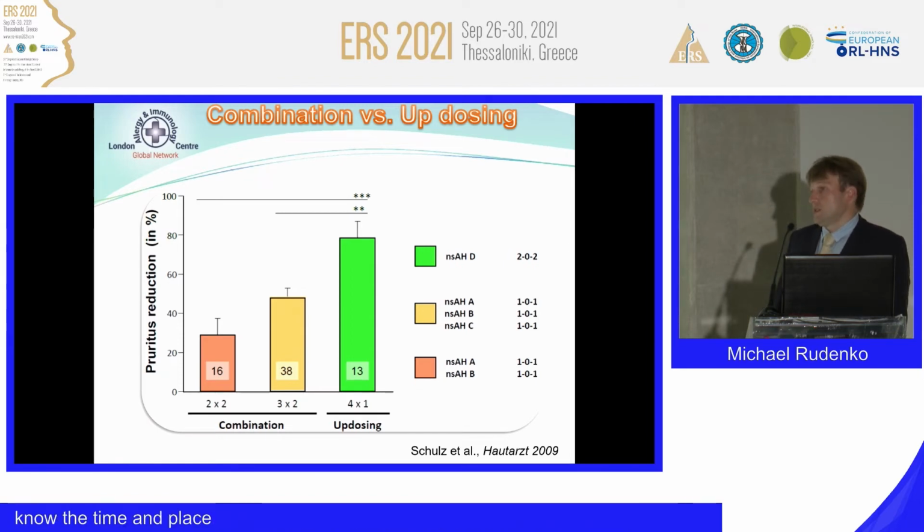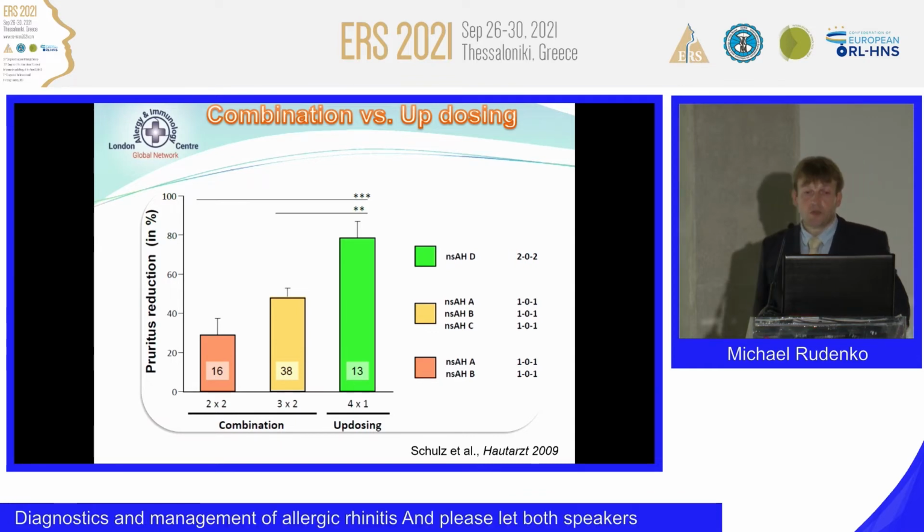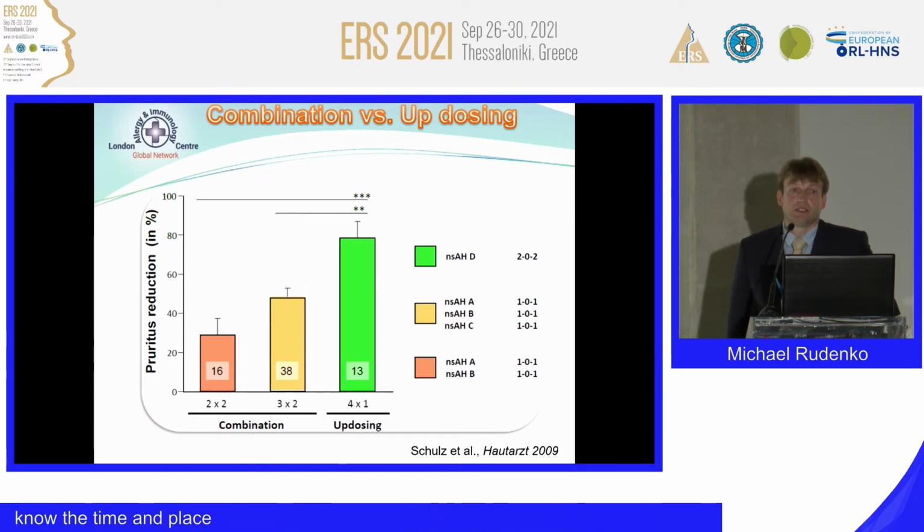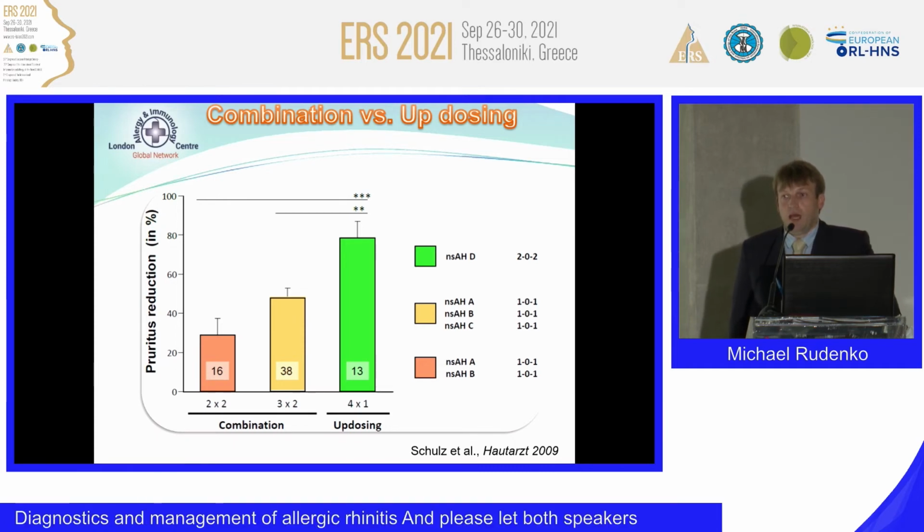The next question is also very important. It's regarding the use of combinations of different antihistamines. This is what we very often hear in practice, when patients are taking several antihistamines at the same time, hoping that they will achieve a better effect.